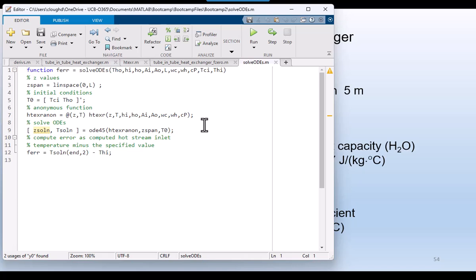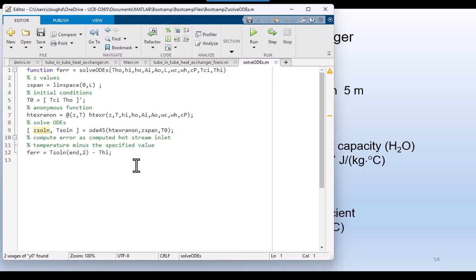So F0 wants to continue to adjust TH0, solve the equations until this goes to 0, which means the last value of the hot is going to be equal to our specified inlet temperature. So that's the way we want this to work, all right?